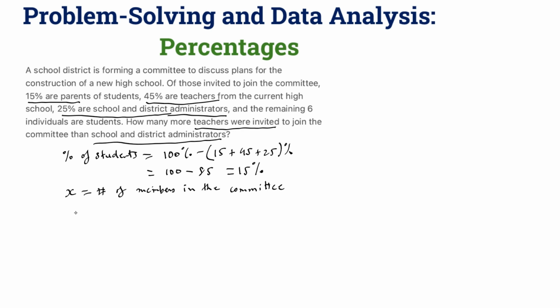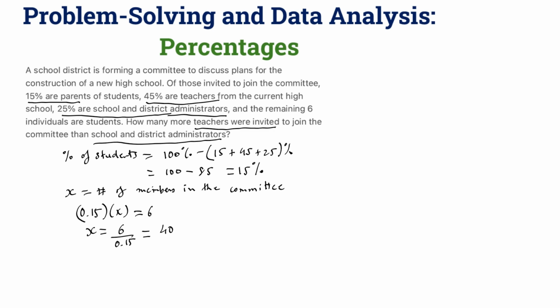That means that 15% of X, so 0.15 X is going to be equal to 6. So the total number of committee members is going to be equal to 6 divided by 0.15, which is going to be equal to 40. So there are 40 members in this committee.